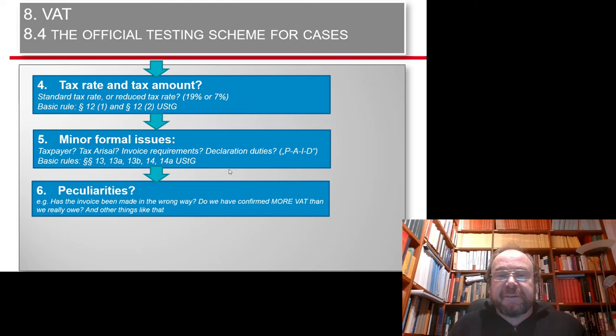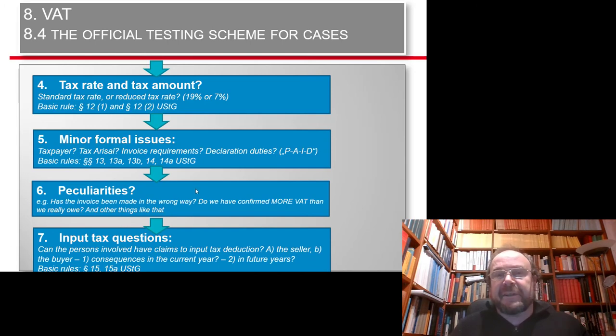Perhaps you have charged or confirmed more VAT in the invoice than you really owe to the fiscal office, or other things like that. All that can only be commented on here, and you can then find out what the consequences are. And the last step is input tax questions.